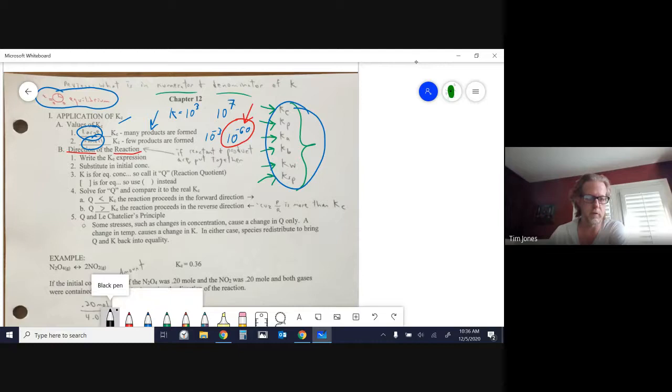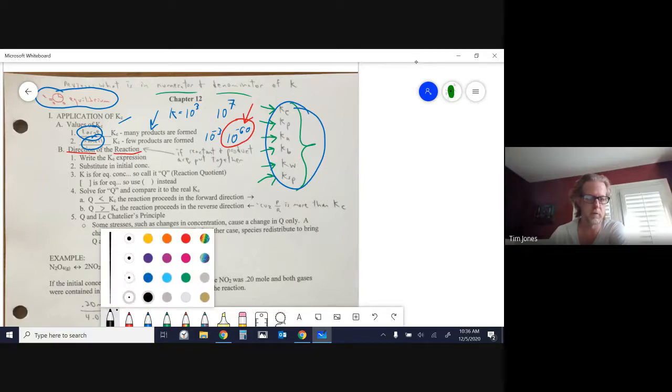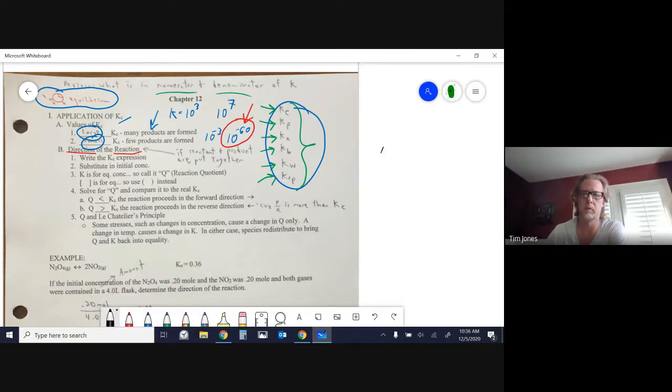Let's say we do chemical A forming chemical B. Let's put this at the fact that it's reversible. If I start only with A, it's got to go forwards until it reaches equilibrium. However, if I start only with B, it's got to go backwards until it reaches equilibrium.